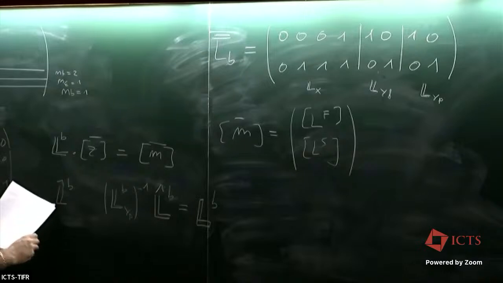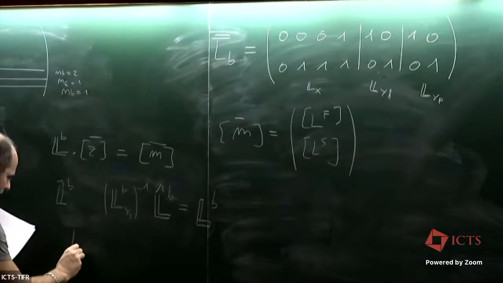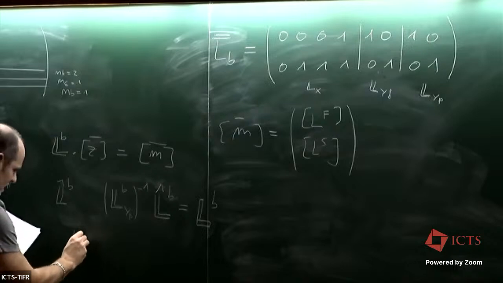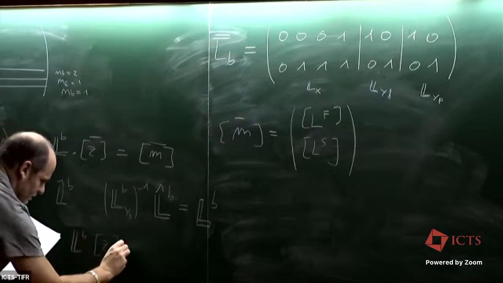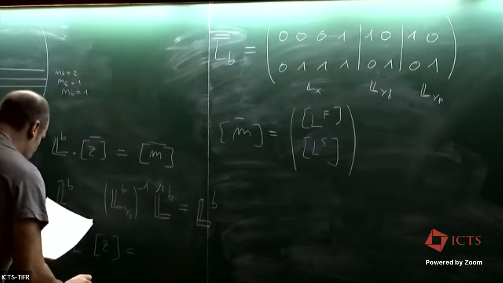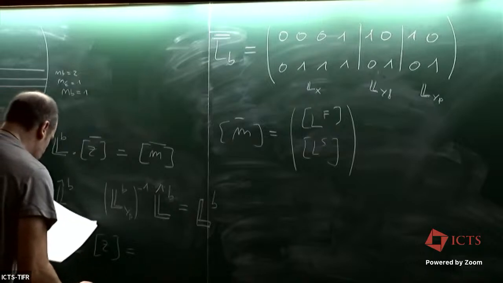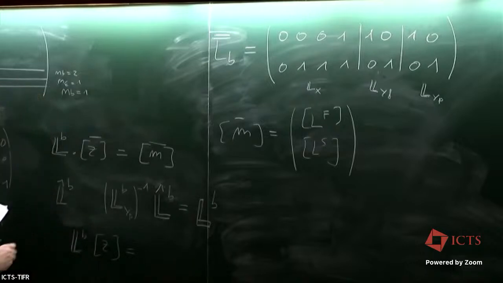So LB acting on Z. And then I act with this inverse matrix here. Yeah, so this is the hat.